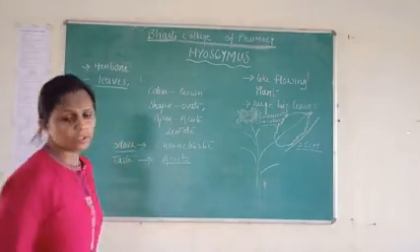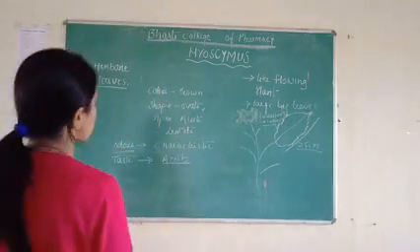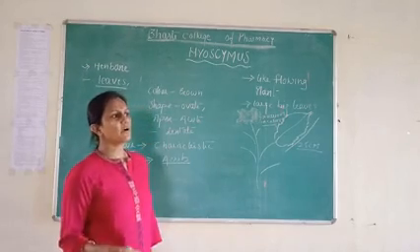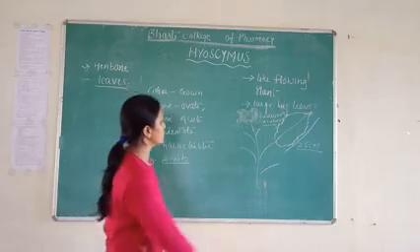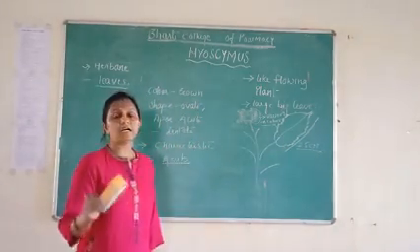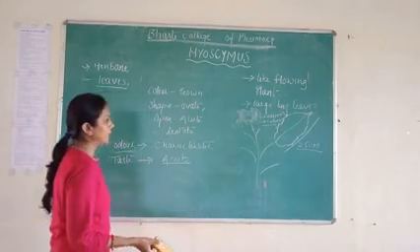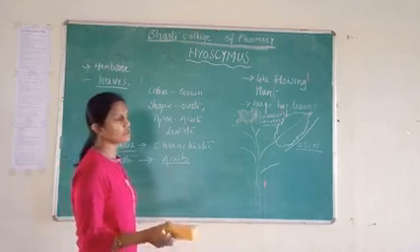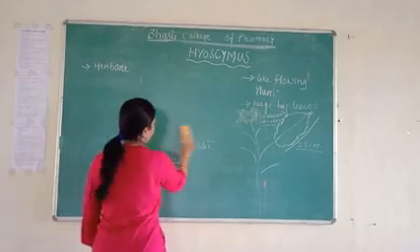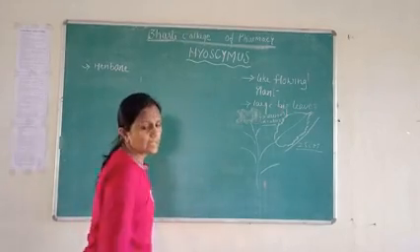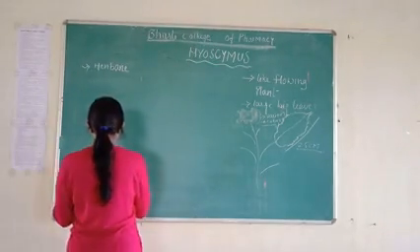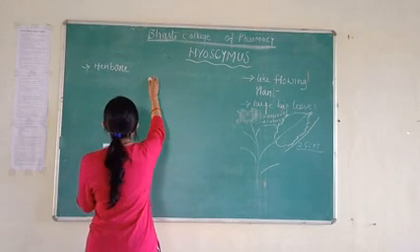Next we go through their active chemical constituents. Active chemical constituent means which type of active chemical constituent is present in the leaf. Hyoscyamus is an alkaloidal drug, so its active chemical constituents are alkaloidal in nature.